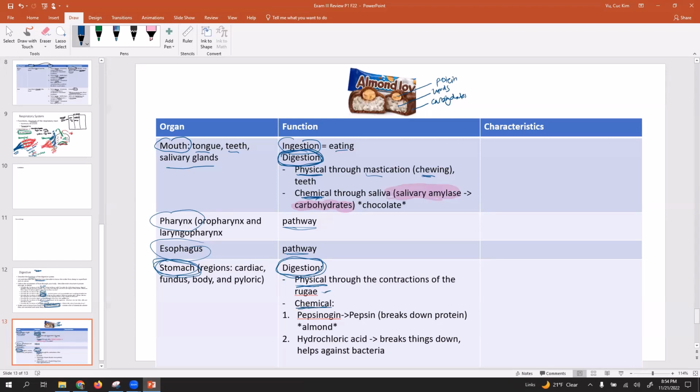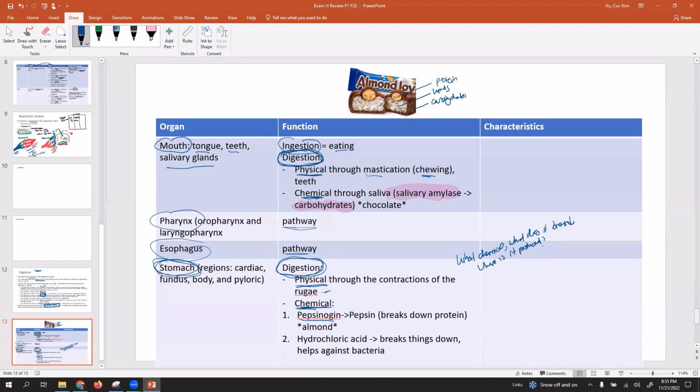And whenever there's chemical digestion, you need to tell me what chemical, what does that chemical break down, and where is it produced? Okay, so pepsinogen right here.